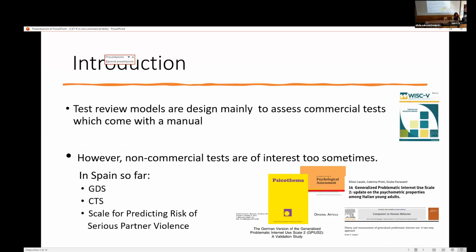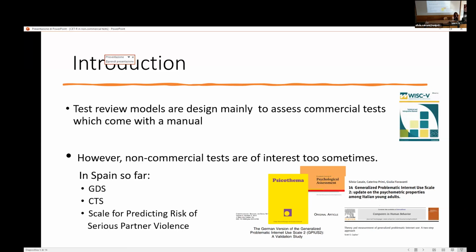However, normally when we apply this type of model, we are thinking of commercial tests that always come with a manual. And there are cases in which we may be interested in reviewing tests that are not commercial, that are published in different journals and have been adapted to different contexts, so the information to assess the quality of that test is disseminated in many different publications and sources.